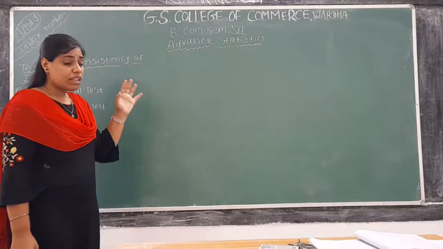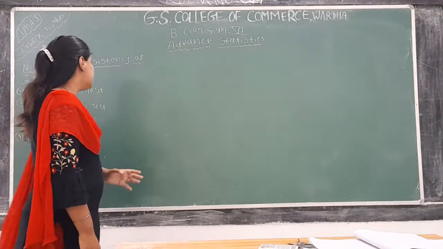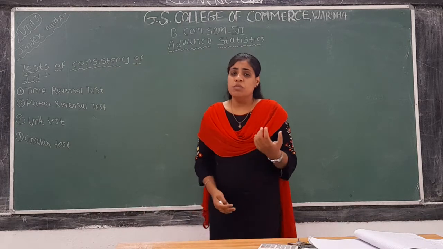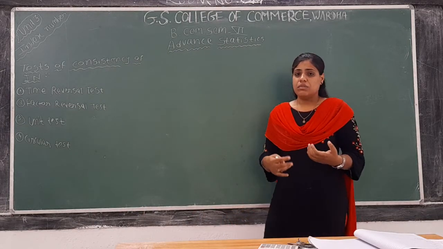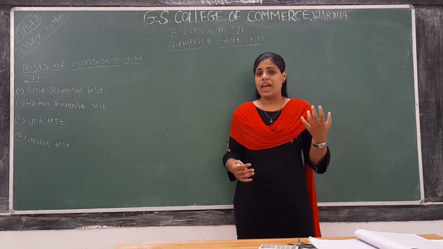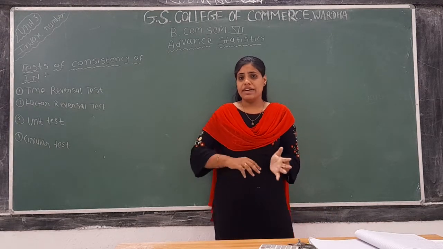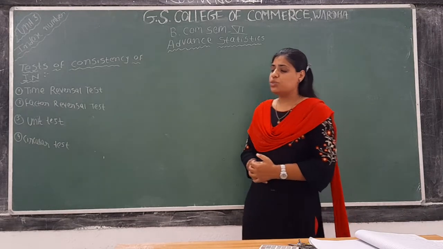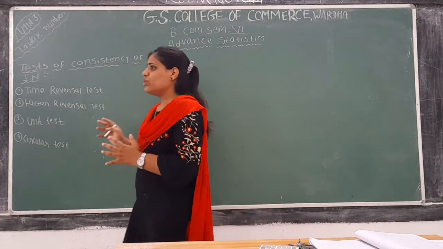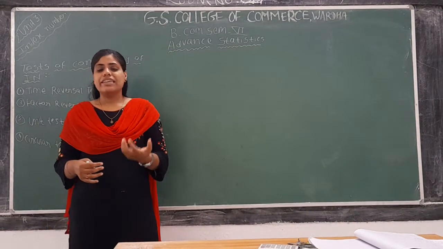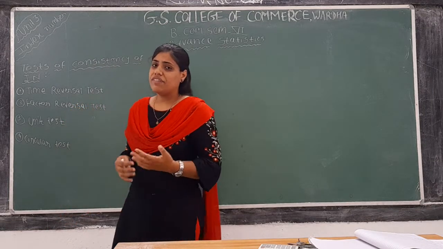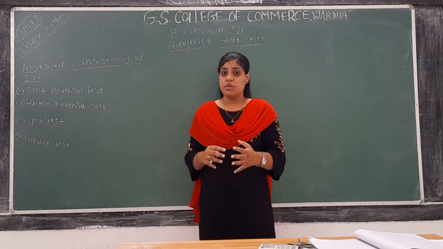This consistency of index number helps us to determine which index number is more accurate, which index number gives more accurate predictions regarding anything. So that is where these tests are used. These are basically used to determine the accuracy or the consistency of index number that we have calculated by using the various approaches.